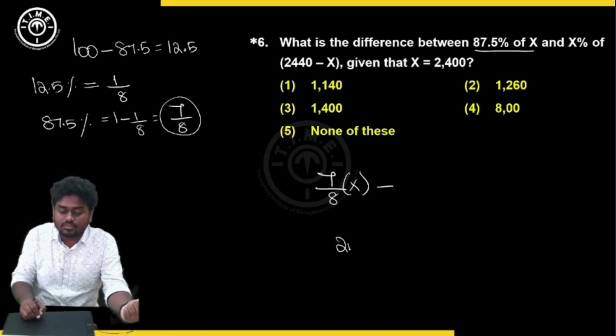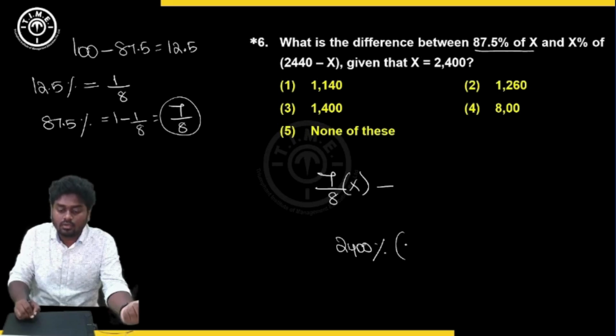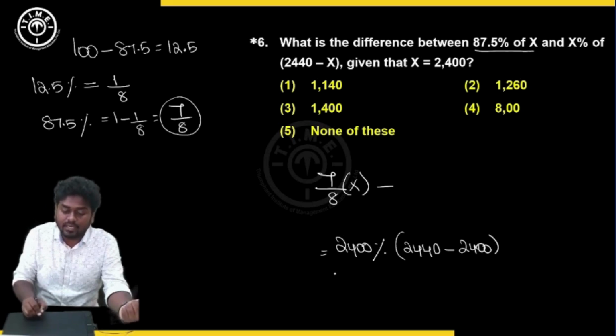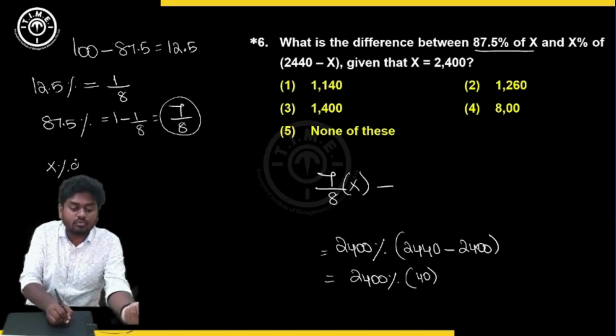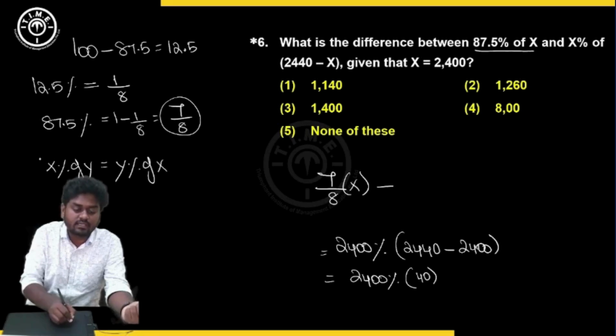X% of means it's 2400% of 2440 minus 2400. How can we easily break this expression? It's 2400% of 40. Guys, we already know x% of y will be equal to y% of x. Correct?